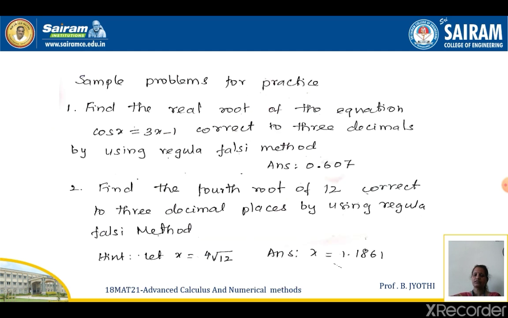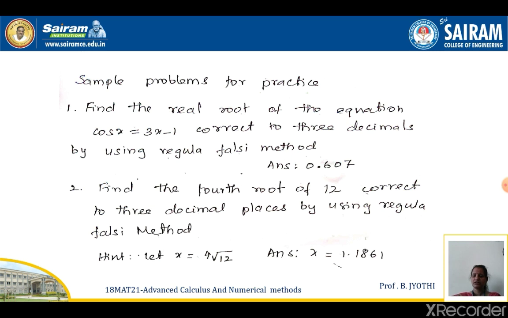Here are some sample problems for practice. First one is find the real root of the equation cos x equal to 3x minus 1, correct to 3 decimal places. Answer is given. Similarly, the second problem is to find the fourth root of 12, correct to 3 decimal places by using the regula falsi method.